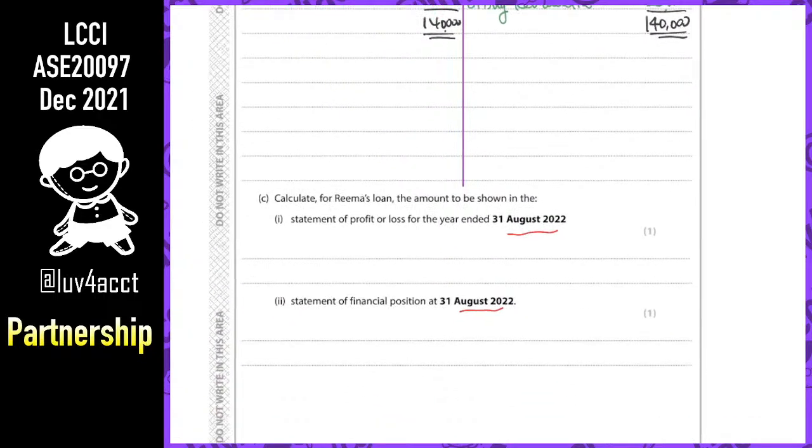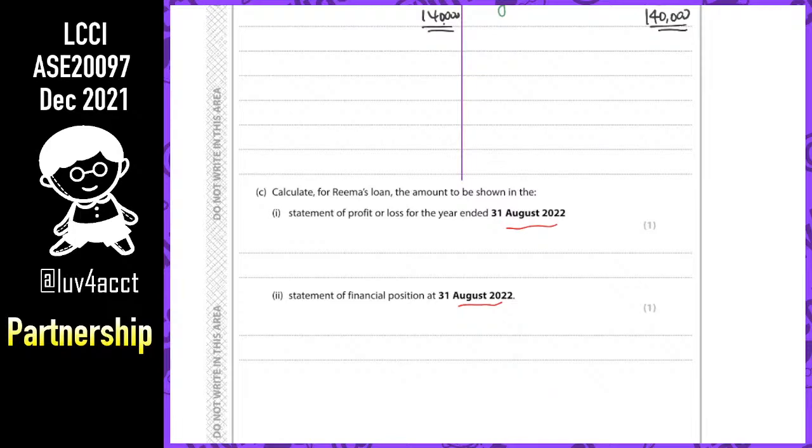Calculation only. For REMA's loan, the amount to be shown in the statement of profit and loss account for the year end next year. You are borrowing 75,000 from REMA, from the start of the year till the end of the year when 1/5 is repaid.